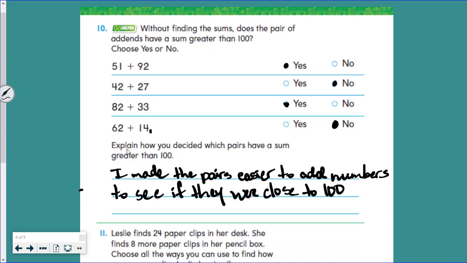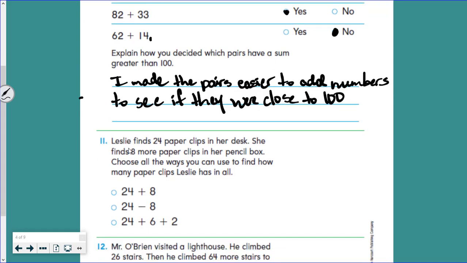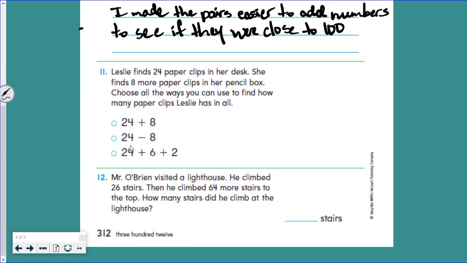Okay, because you don't have to actually solve them, right? That's what they said. You don't have to solve it. You just have to try to use a strategy, right? All right, we're almost there.